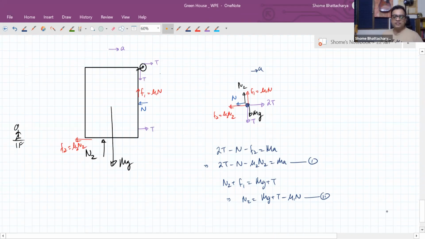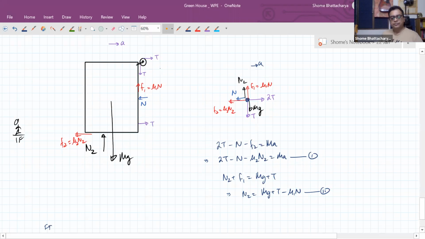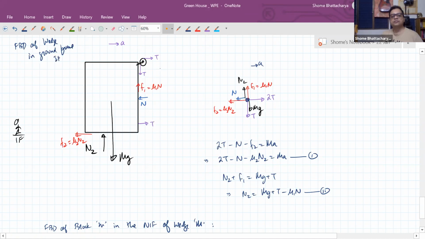Okay, and next make the FBD of the smaller block, small m, in the non-inertial frame of the wedge, capital M. Do that next. Okay. This was the FBD of the wedge in the ground frame. That was this. Okay, so note this down and make this free body diagram. You will get two more equations from that.